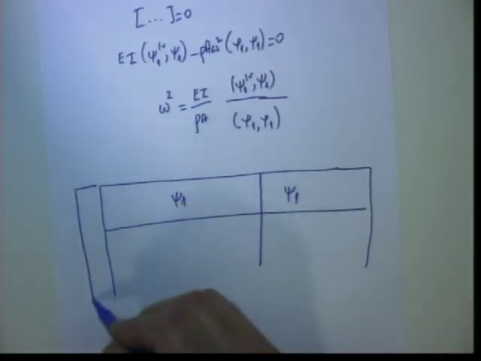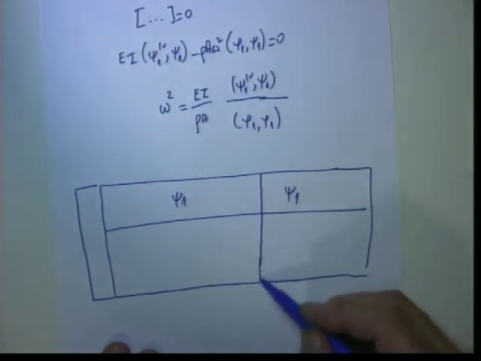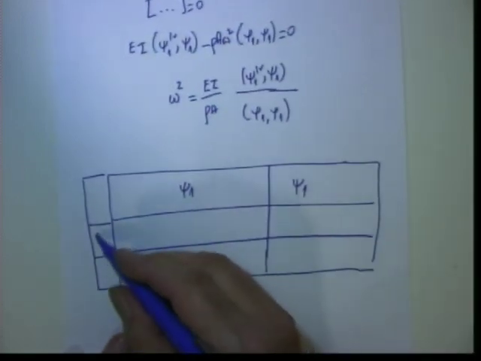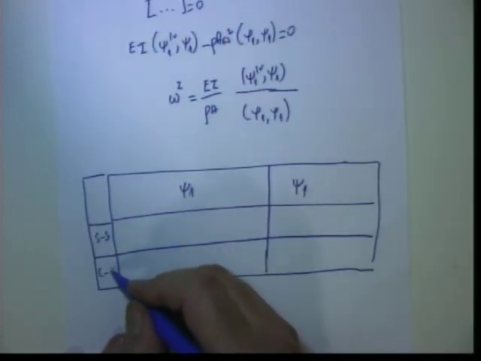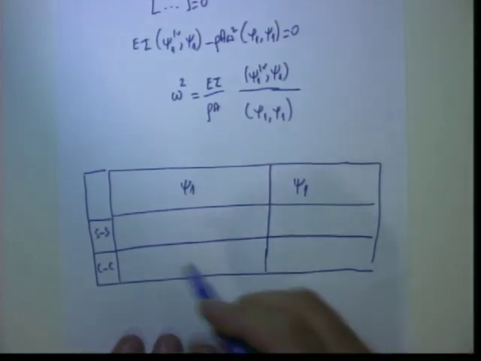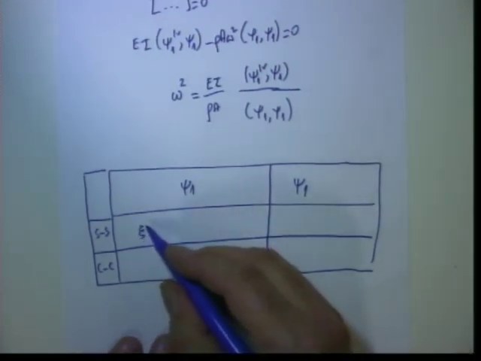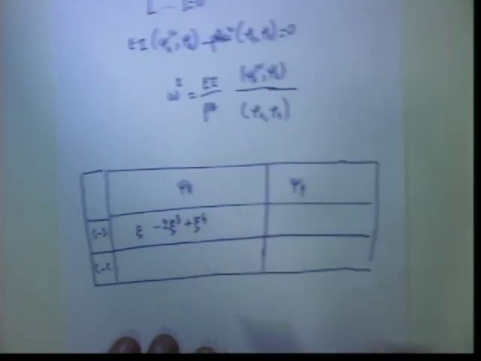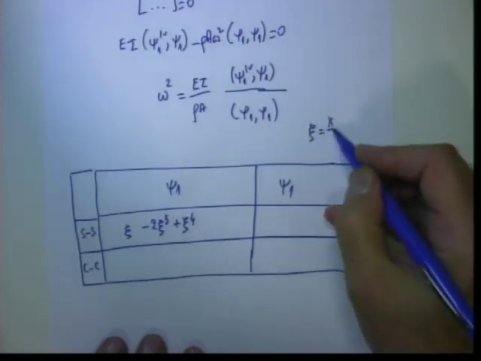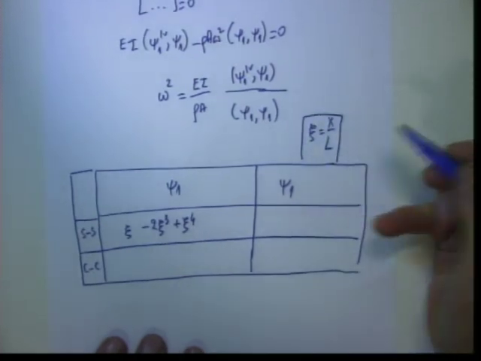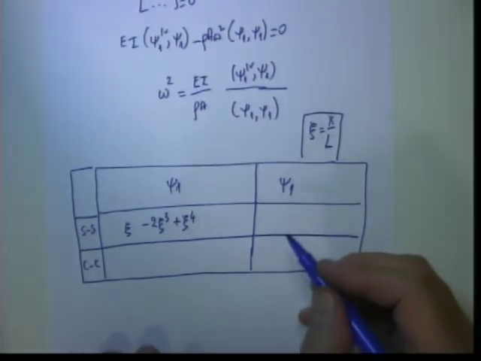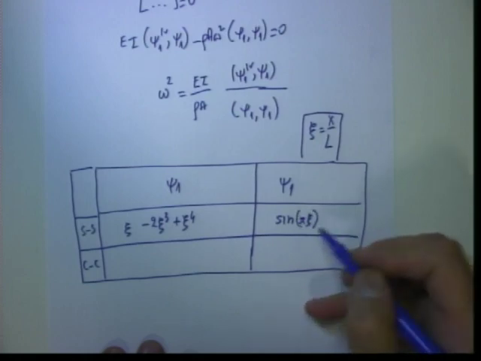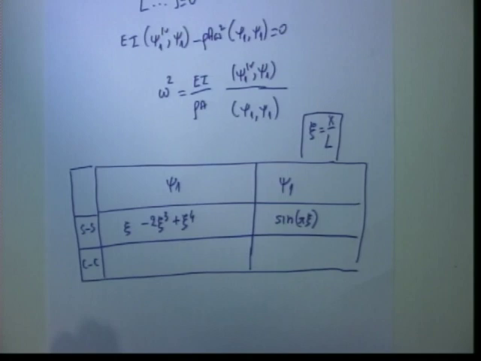Okay, so that is psi1, and this is also psi1. And let me put at least two boundary conditions. So, look, please. That is simply supported, and that is clamped. For simply supported, we found psi minus 2 psi cubed plus psi in fourth power, where psi equals x over L, the non-dimensional coordinate. Here we can also use sine pi psi, because it satisfies boundary conditions.